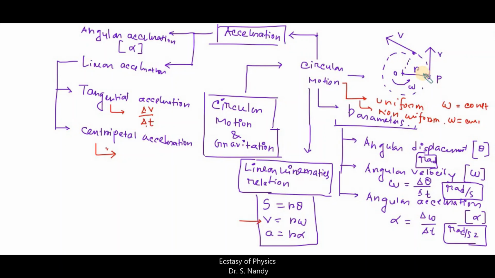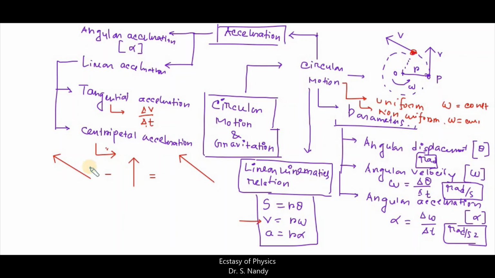We know that velocity is a vector quantity. Since it's continuously changing its direction, the acceleration is introduced in case of circular motion. If you draw the velocity vectors, the final velocity is represented in this direction, and the initial velocity in this direction. We know that acceleration is equal to the change in velocity per unit of time, so change in velocity means we have to subtract these two vectors.